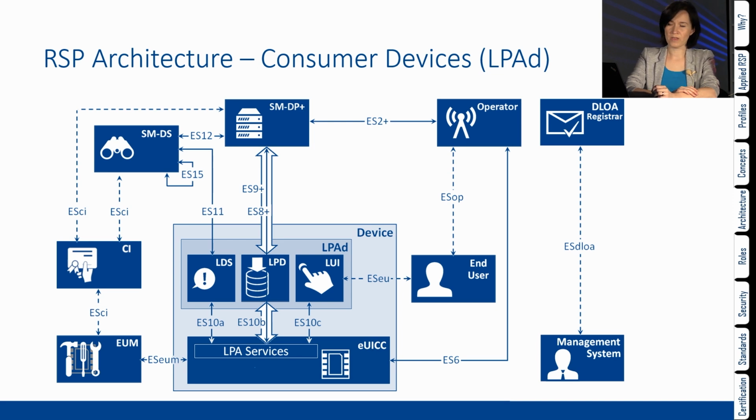You can see that there is still the subscription manager for data preparation, but an enhanced one, compared to the M2M architecture. We don't have the SMSR in this architecture. Therefore, here there is the LPA, and we have the functionality of the SMDS.